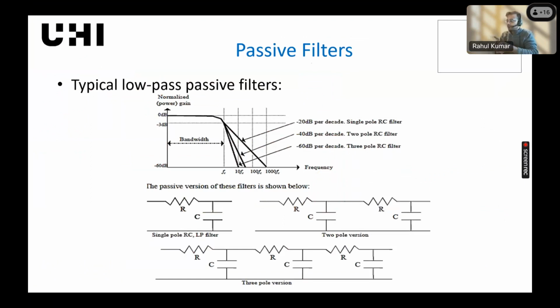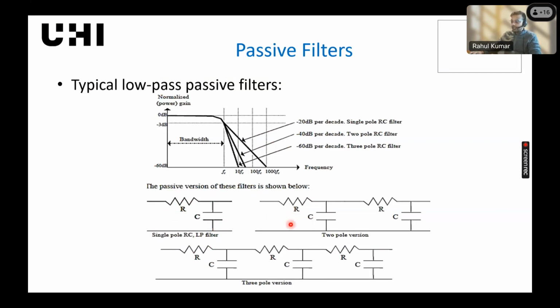So we just saw a low pass filter with a single RC, resistance and capacitance. If you have a single resistance and capacitance, that's called a single pole filter.